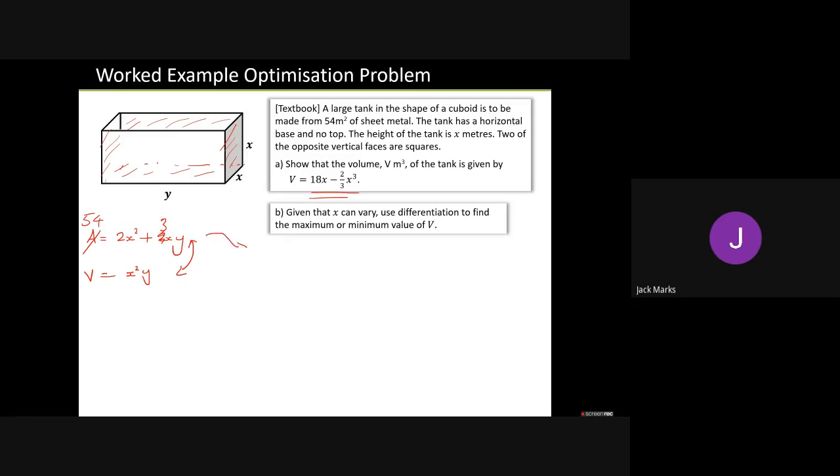So we could take the area formula and do 54 minus 2x squared equals 3xy. You want y equals, so let's just divide that by 3x as well while we're at it. Okay, if we do that, I'm going to get y equals 54 over 3, which is 18.